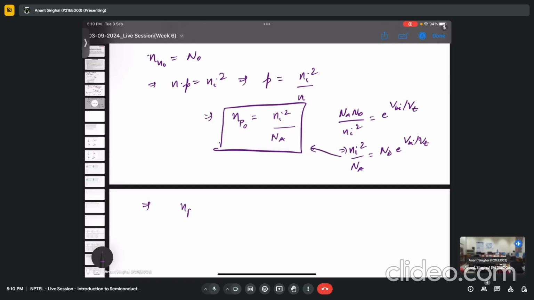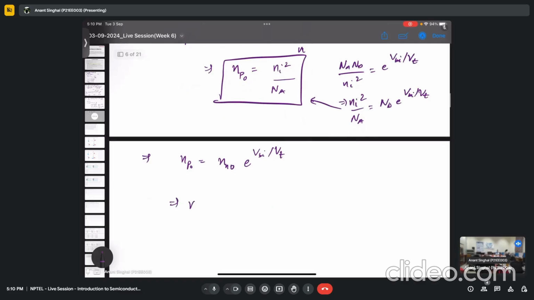This will give me Np0, which is Nd. Nd is nothing but Nn0, that we already know, and exponential of Vbi over Vt. I've written this inversely.